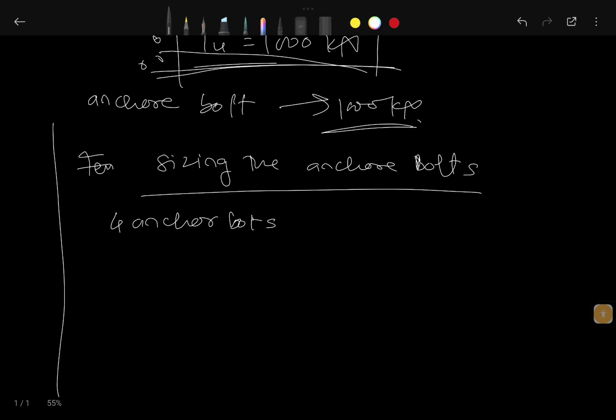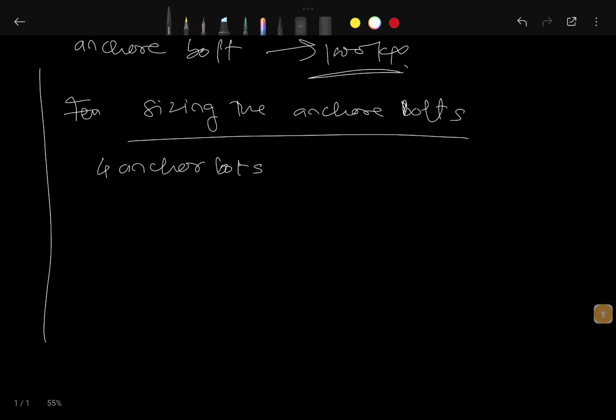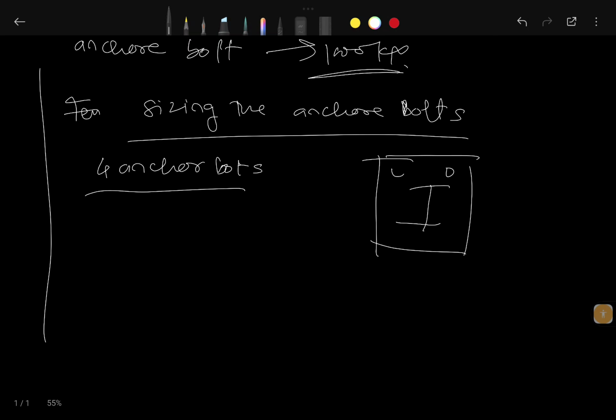Suppose this is our column; in this we use 4 bolts. So 2 bolts carry compression and 2 bolts carry tension.